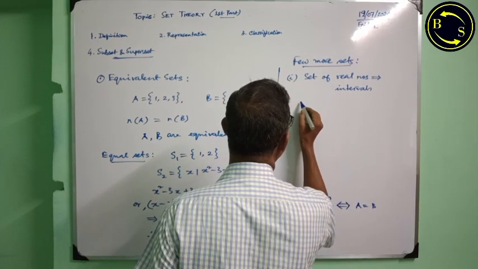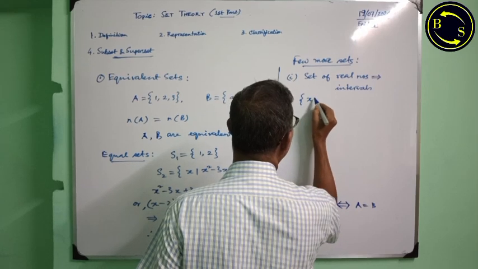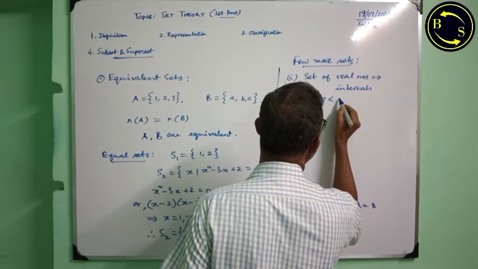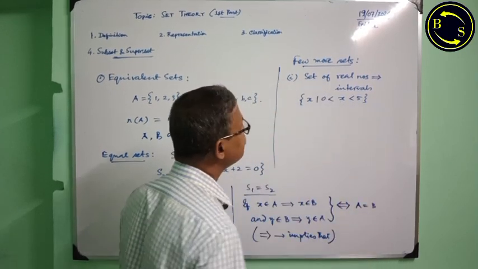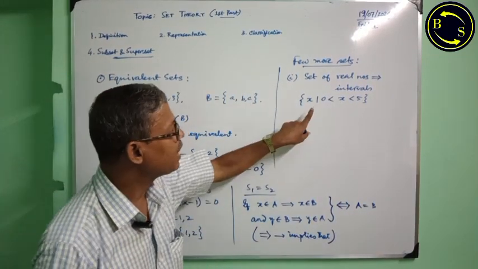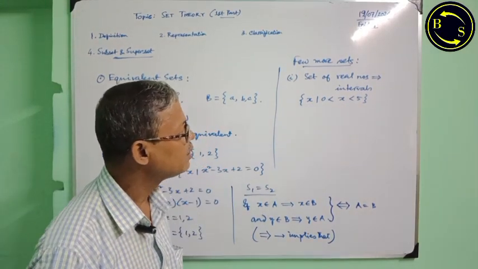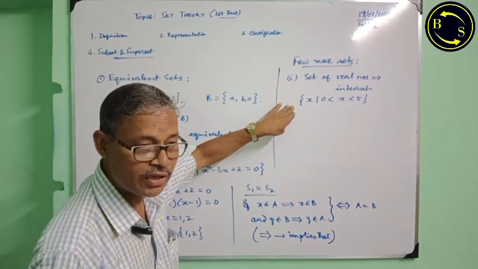Example: the set of x such that x lies in between 0 and 5. This is a set. We call it a set of intervals.